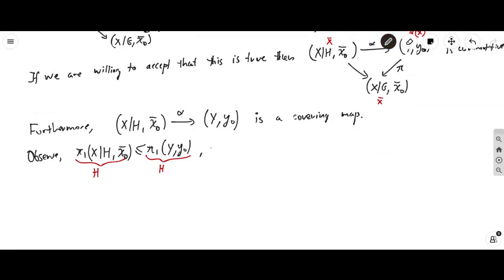So in particular, if you take this space and you look at the index, so you count how many cosets you have, this is equal to 1, right?